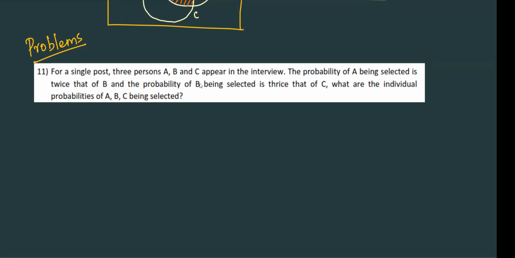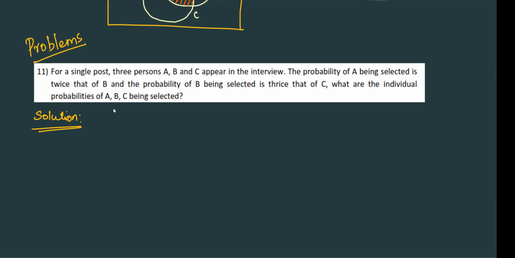Here, if you observe carefully, the inherent assumption is one of the 3 persons has to be selected. That means it's an exhaustive event. Either A will be selected or B will be selected or C will be selected.